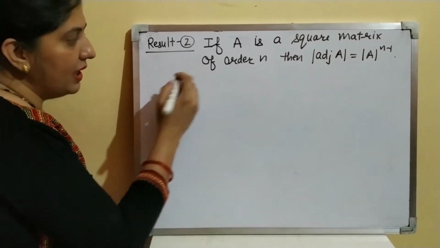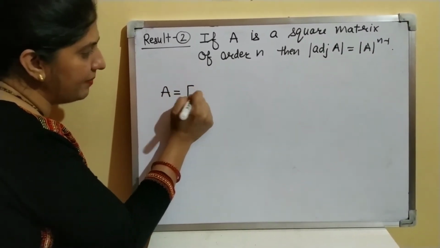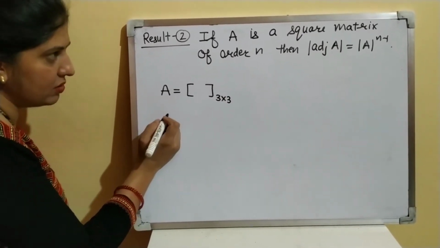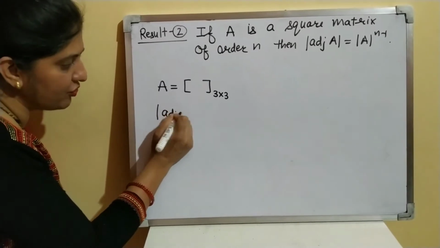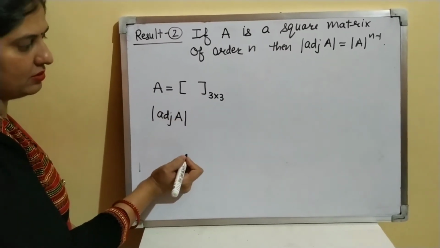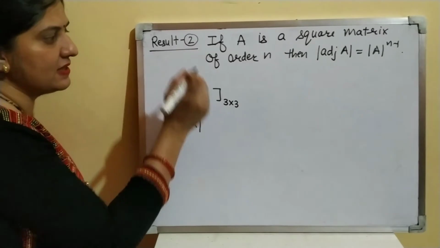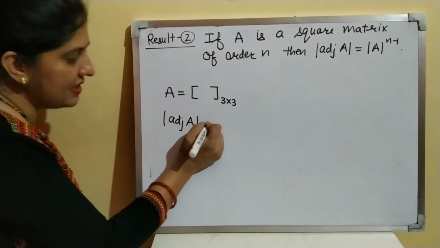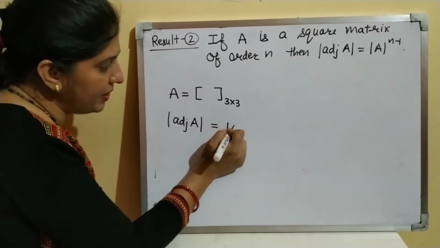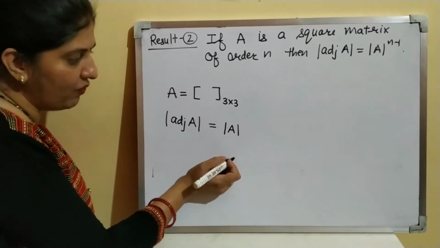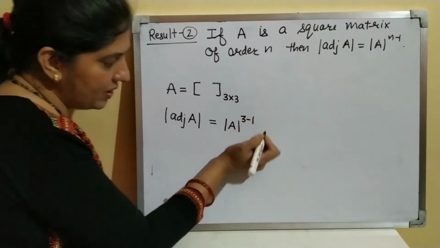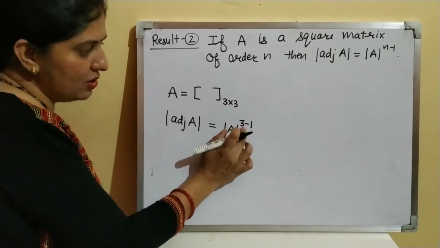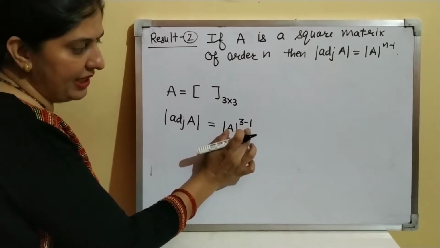Means if you have A as any matrix of order 3 by 3 and you want to find the determinant of adjoint of A, then we know by this result that determinant of adjoint of matrix A is equal to determinant of A to the power 3 minus 1, order minus 1, and order is 3 here, so we take 3 minus 1.